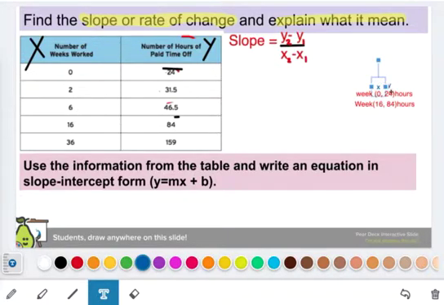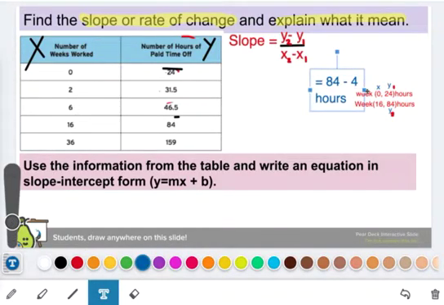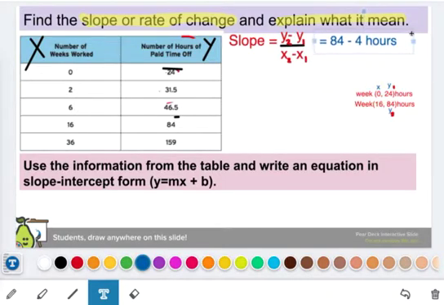So it's y sub 2. The bottom one is your sub 2's, and these are 1's. So 84 minus 24 hours, and these are hours, so put them in hours with the word beside them.